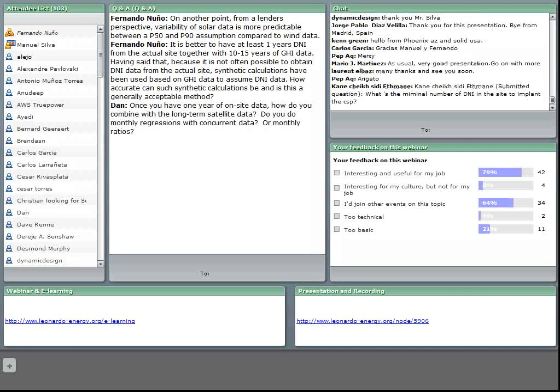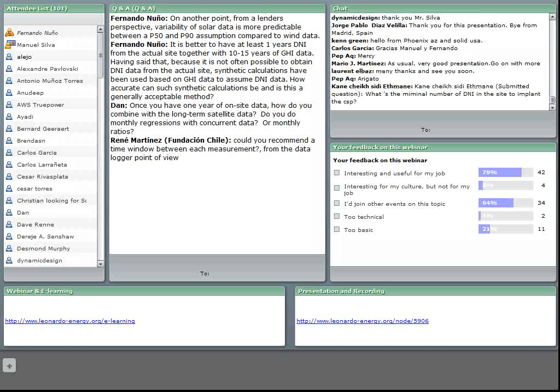Monthly regressions or monthly ratios, I wouldn't do that. The variability from month to month is very important, and if you only have 1 year, it's difficult. I don't know if I've answered the question, but that's what I can say.